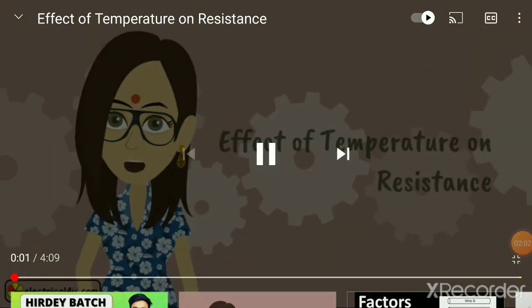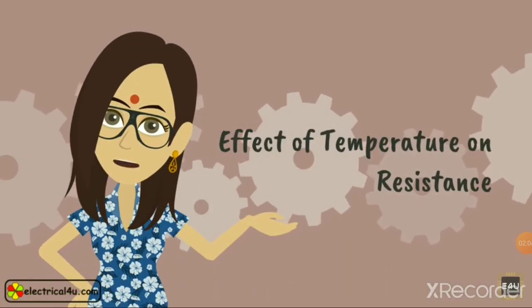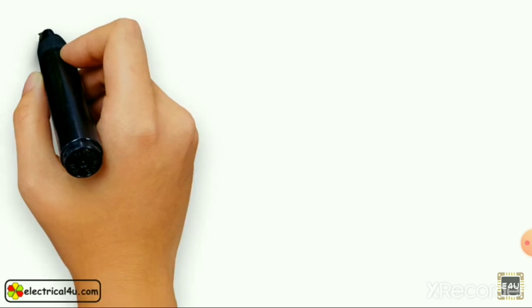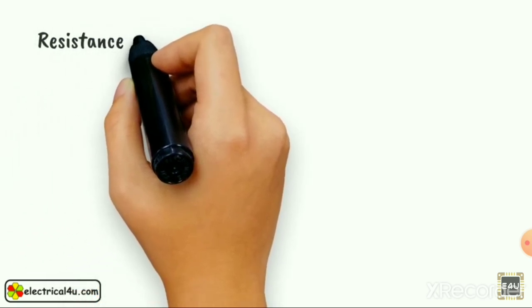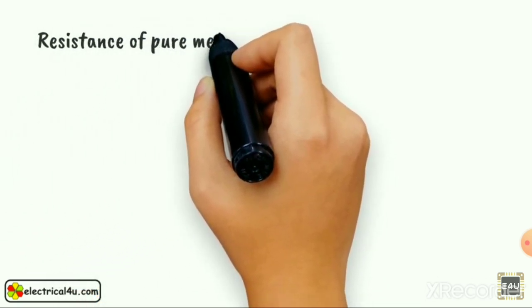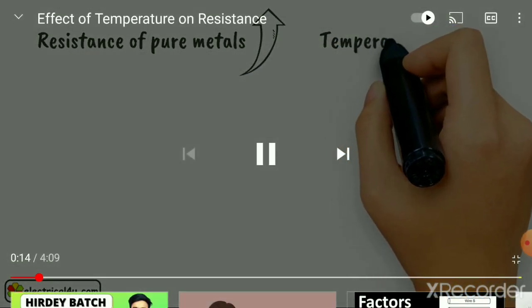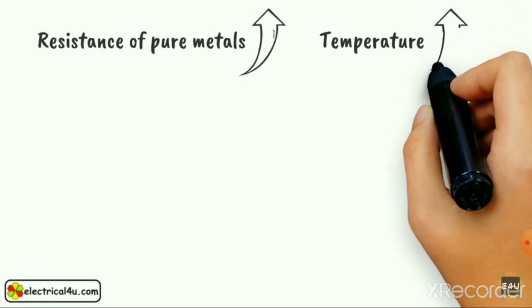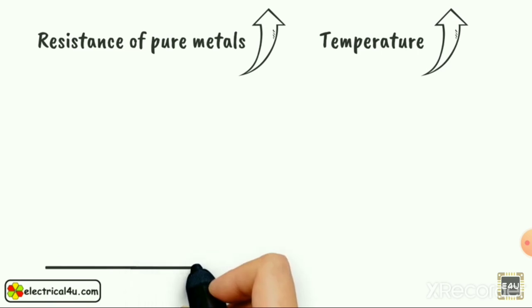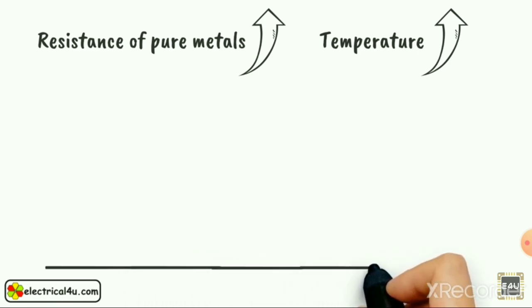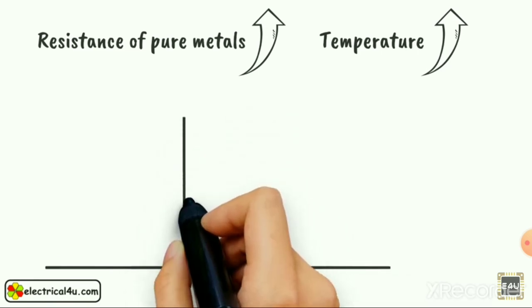We will discuss here the effect of temperature on resistance. Resistance of pure metals increases with increase in temperature. For a metallic conductor, this variation of resistance with temperature is linear.